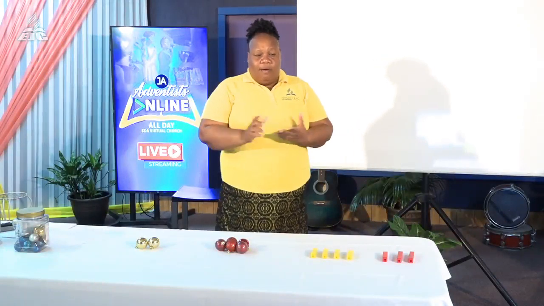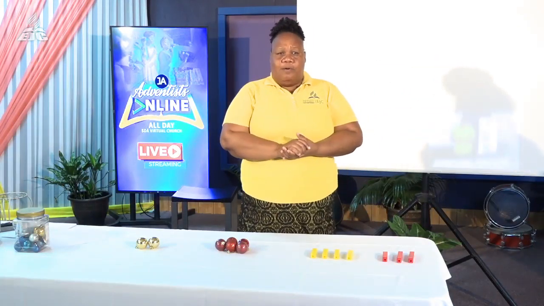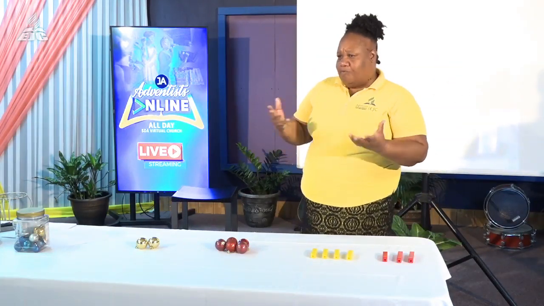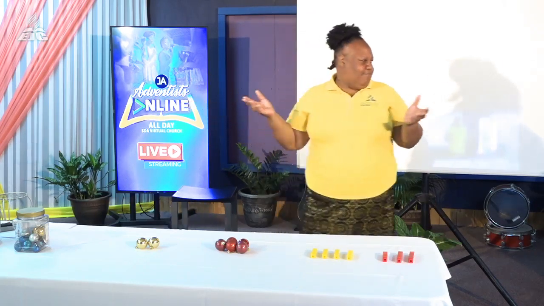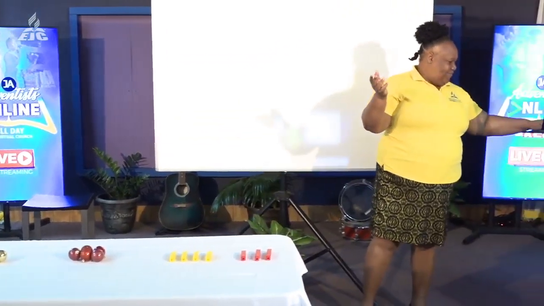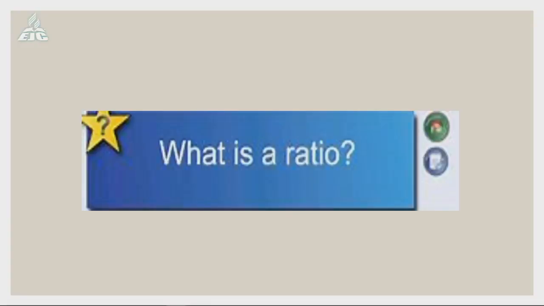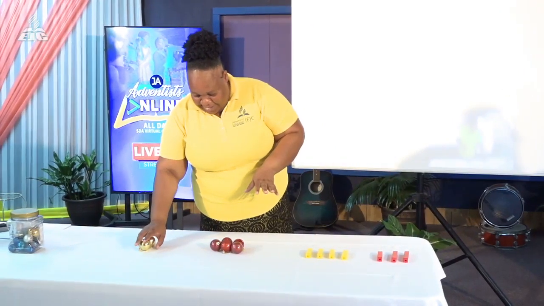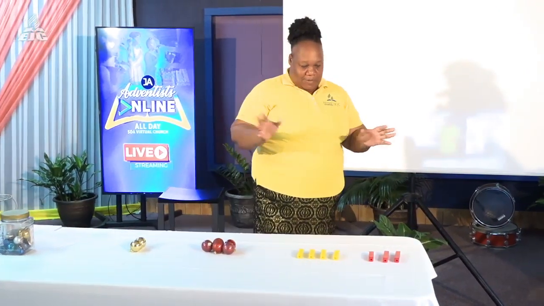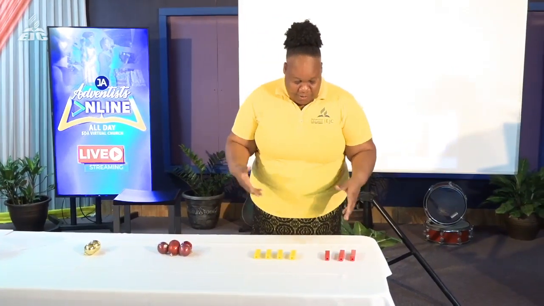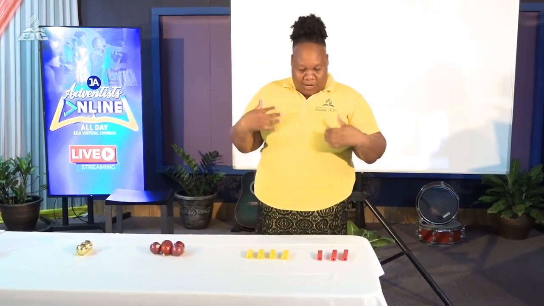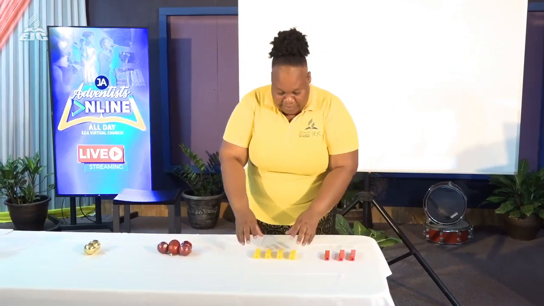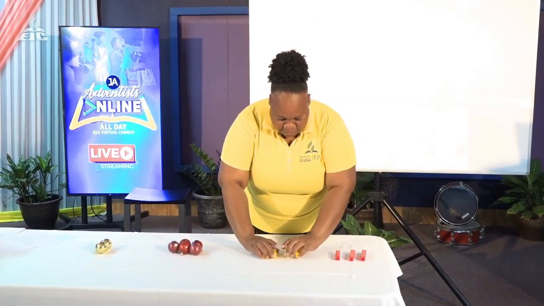Now, before we go any further, we want to come up with a working definition for ratio. What is ratio? Now, on my table here, I have some manipulatives. And we know we can't do maths without showing, because children, when you see, you're able to connect. Okay, first I have some sets of blocks.